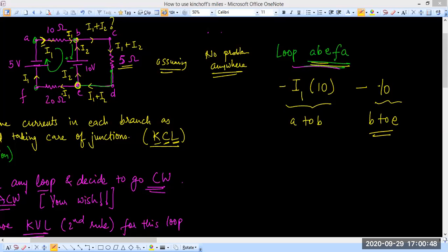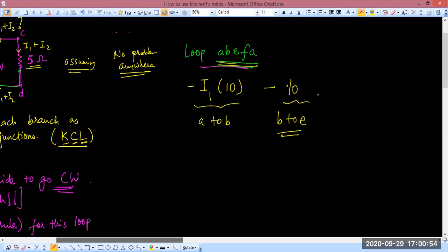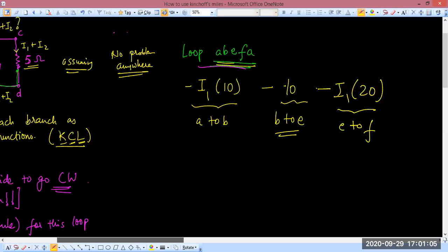So we should write minus 20, or minus I1 into 20. Is that clear? Minus IR. We are putting minus IR. Clear?